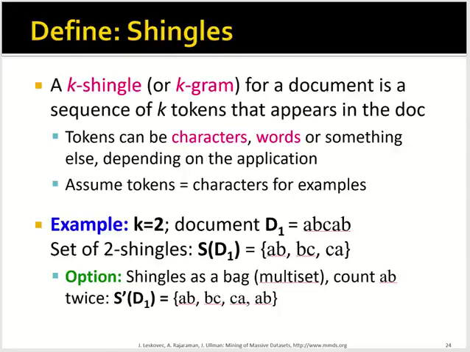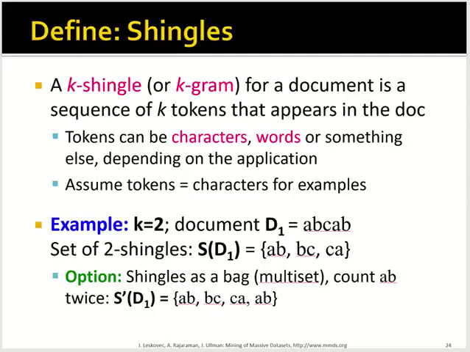really depends on how long typical documents are and how large the set of typical characters is. One important thing we should bear in mind is that k should be picked large enough that the probability of any given shingle appearing in any given document is low.